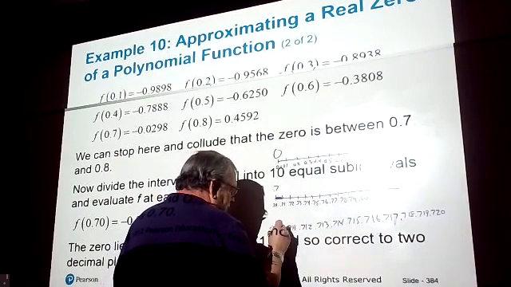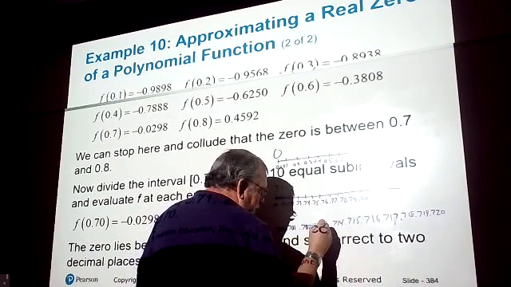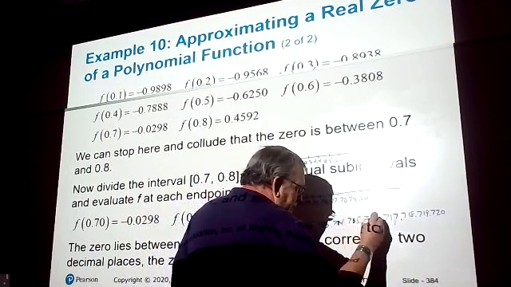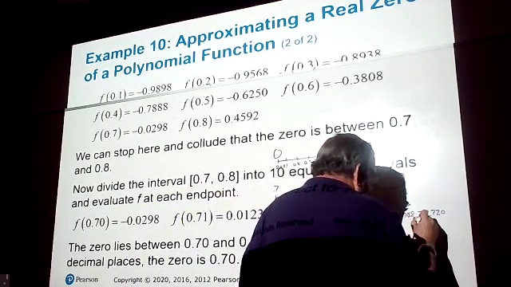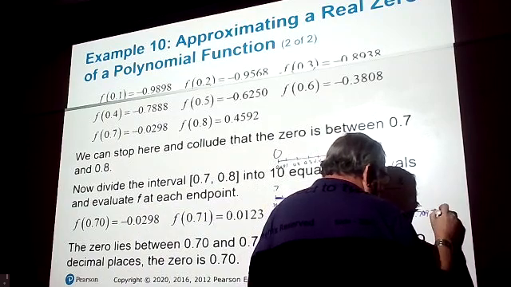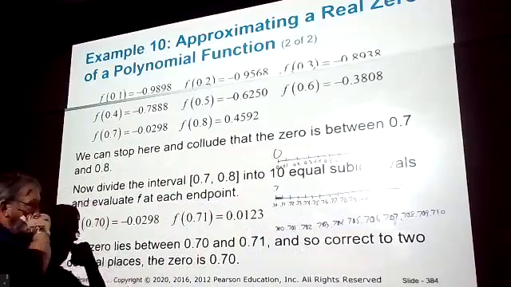Uh-oh, I went 700, 701, so all those ones in there need to be zeros. Sorry, I went on the other side, because we're supposed to go up to 0.71.